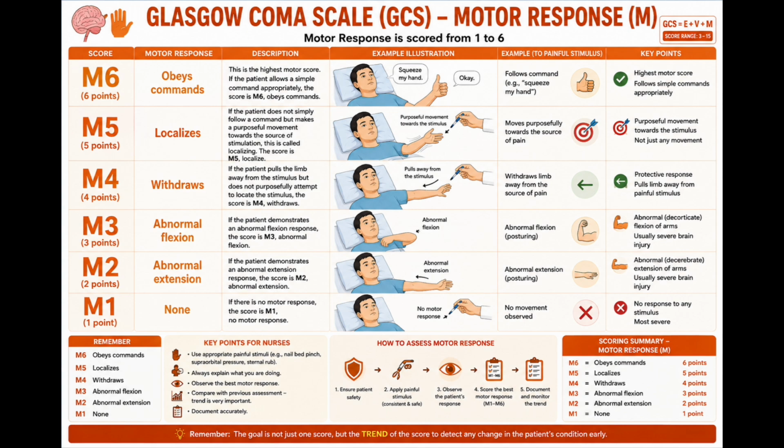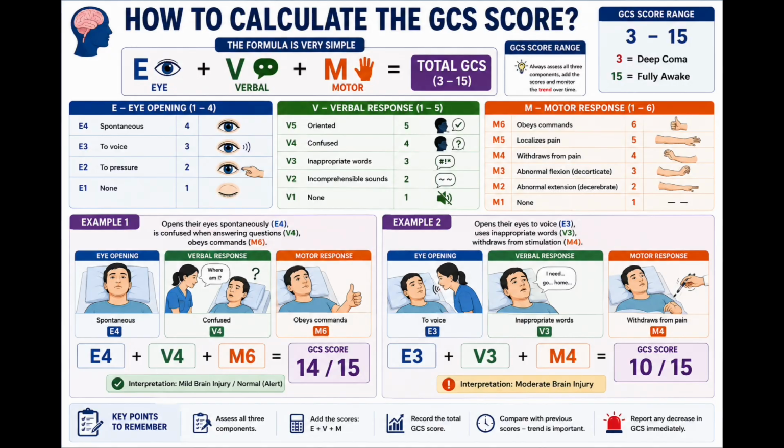M1. If there is no motor response, the score is M1, no motor response. So, motor response is 6 obeys commands, 5 localizes, 4 withdraws, 3 abnormal flexion, 2 abnormal extension, 1 none.